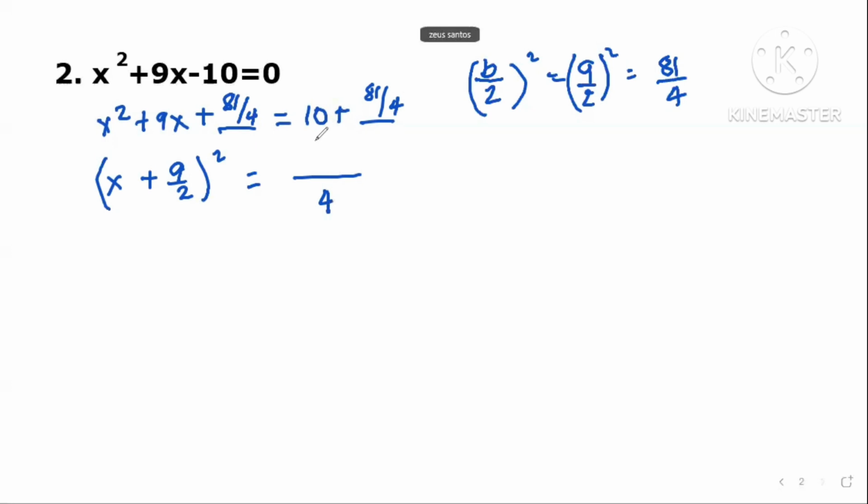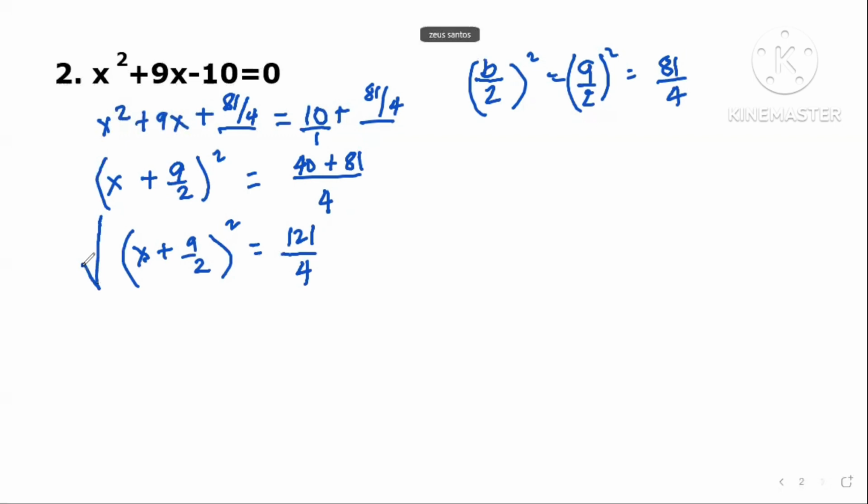We divide by the denominator. So kung nalilito kayo, lagay nyo ng over 1 yan. 4 divided by 1 is 4 times 10 is 40. Plus 4 divided by 4 is 1 times 81 is 81. So we have x plus 9 over 2 squared is equal to 40 plus 81 is 121 over 4.